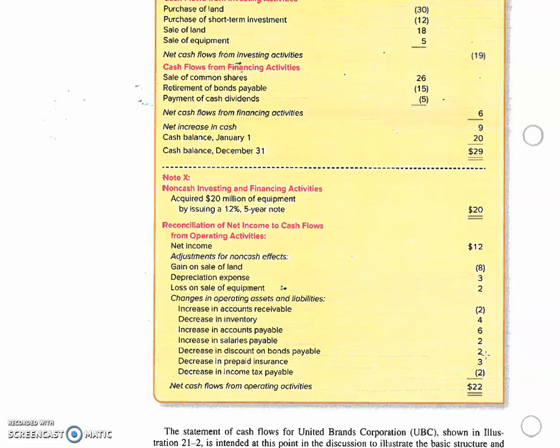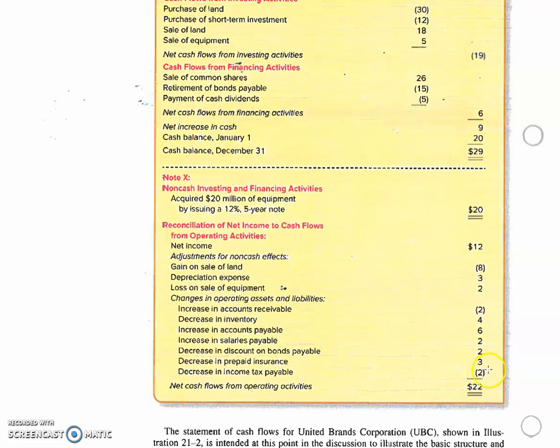If the discount went down in amount, that means that we reported more in interest expense than we paid out in cash, because part of what went into interest expense was the amortization of that discount on the bonds payable. So we add that back.